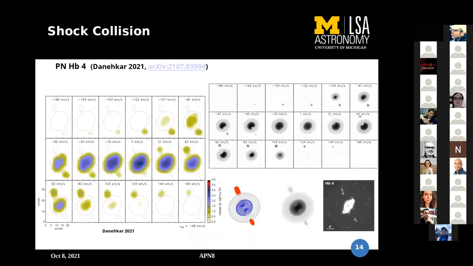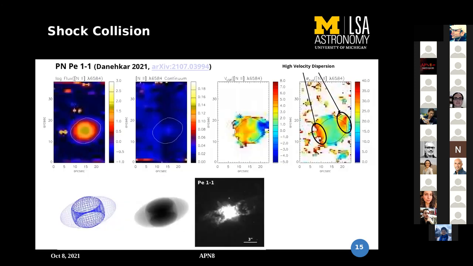Here you see the velocity channel maps of this object, and using the SHAPE program, I constrained the inclination of this planetary nebula relative to the line of sight. As you see, there is good agreement between what we see in observation and what we produce by SHAPE. I also included an outer halo in order to reproduce what we see in the IFU observations.